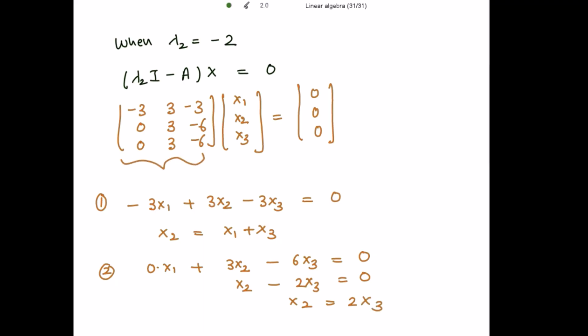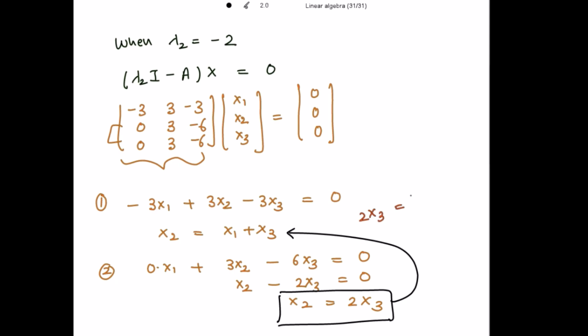And the third equation would be the same as the second, as these two are the same rows, right? So we have got this relation from equation 2, and if I put this value over here, I get 2x3 equal to x1 plus x3.